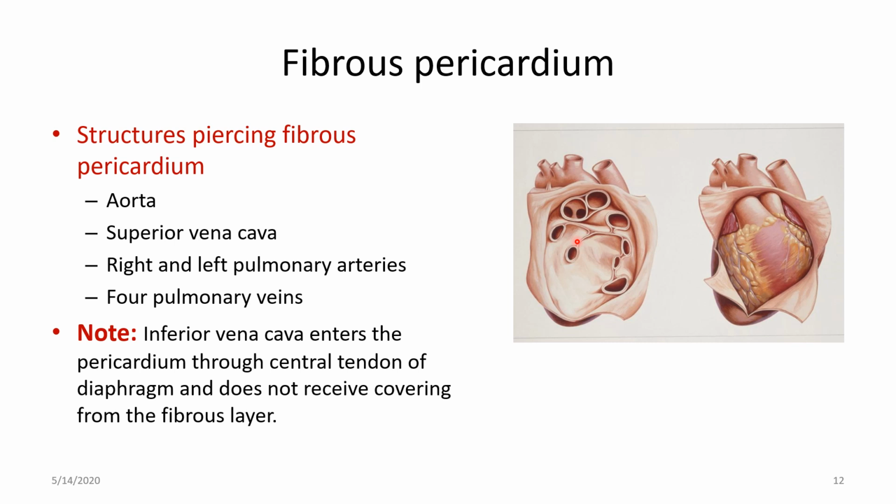These are the structures that are piercing the fibrous pericardium, and they are the aorta, the superior vena cava, right and left pulmonary arteries and 4 pulmonary veins. Though we have mentioned inferior vena cava here, that is not piercing the fibrous layer. It enters the pericardium through central tendon of diaphragm and it does not receive a covering from the fibrous layer.